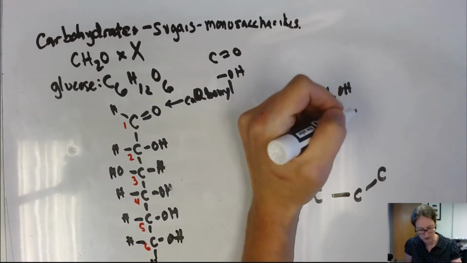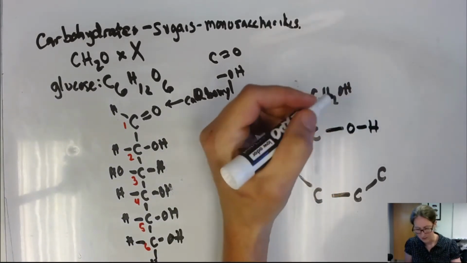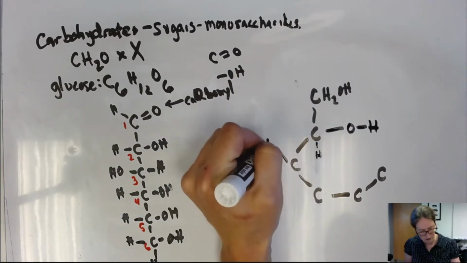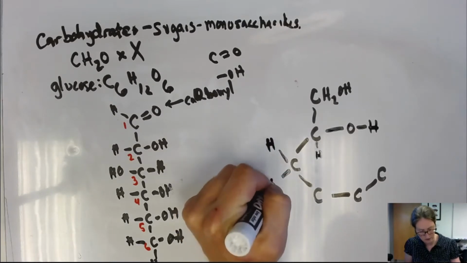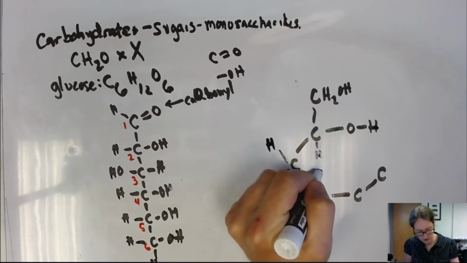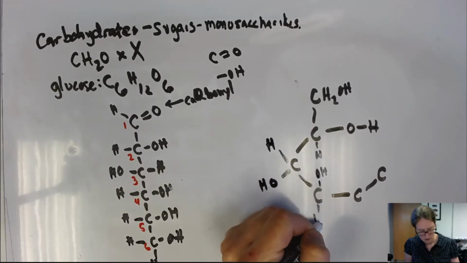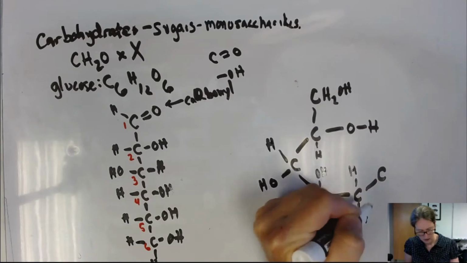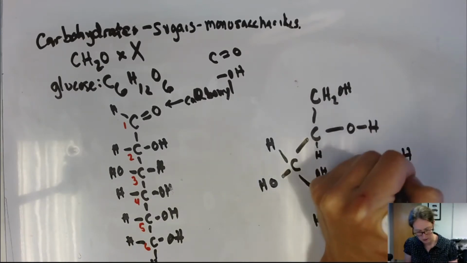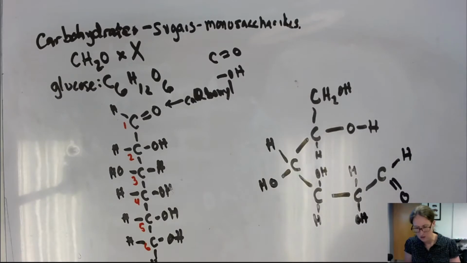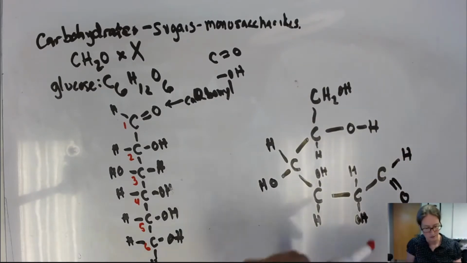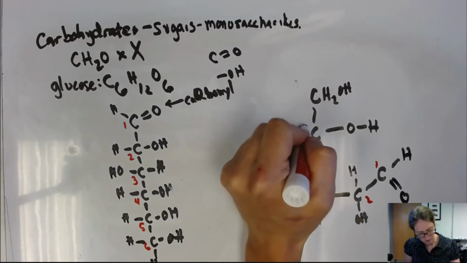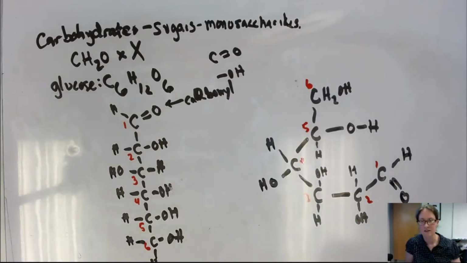So I'm going to draw the hydroxyl over here, and then I'm going to draw that hydrogen down here. And then carbon number 4 has both hydrogen and hydroxyl. Same for carbon 3, carbon 2, and then carbon 1 has that carbonyl, right? Okay, like so. So let's just renumber these carbons so we can keep track of them again. So here is 1, 2, 3, 4, 5, and 6.